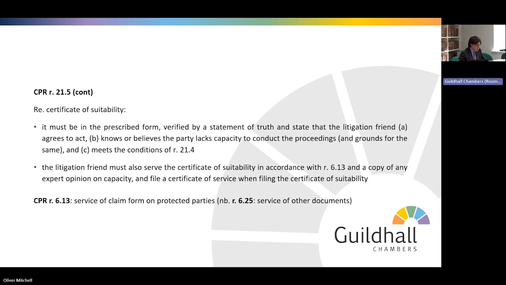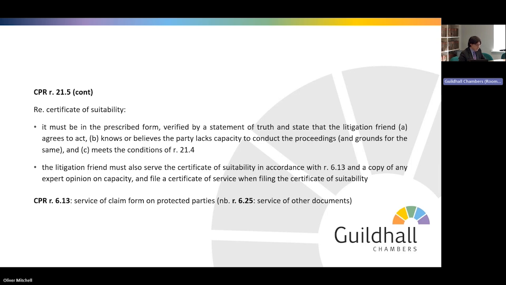It's clearly a requirement. Secondly, that the proposed litigation friend knows or believes that the party in question lacks capacity to conduct the proceedings, and state their grounds for that knowledge or belief. And thirdly, it must be stated that they meet the conditions in Rule 21.4, being able to conduct the proceedings competently and fairly, and so on.